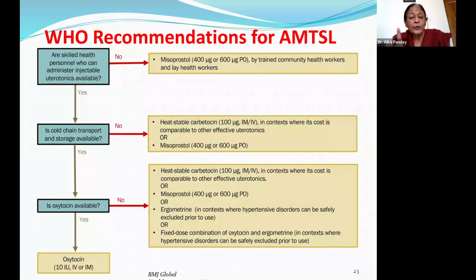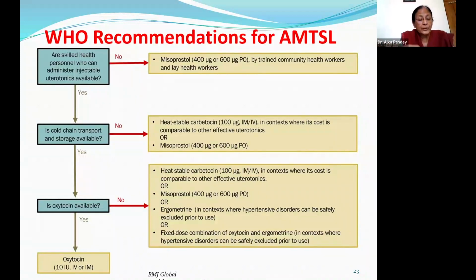If no, you should give carbetocin, which is heat stable, 100 microgram IM or IV. But since it is more costly, you have to see whether your community, whether your patients are able to take it, whether it is cost effective or not. The other option that we have is misoprostol 400 microgram or 600 microgram orally.